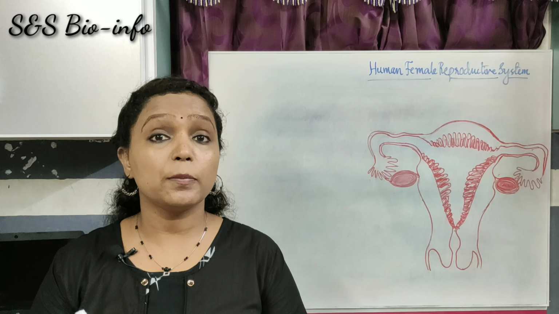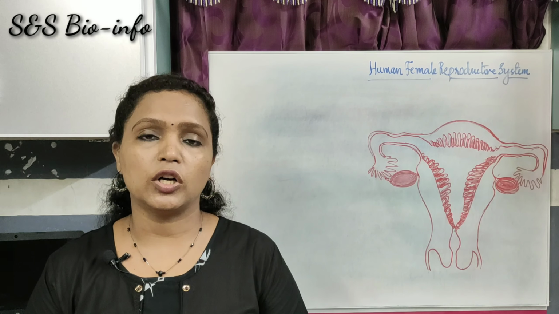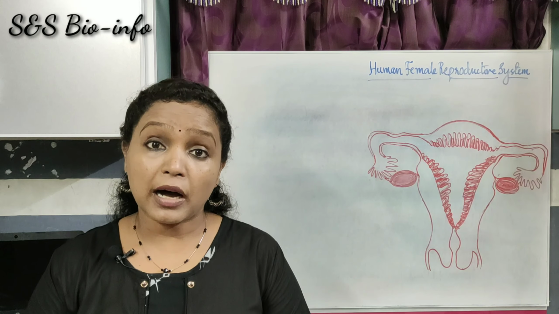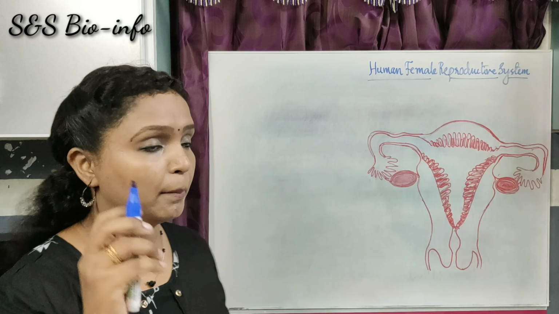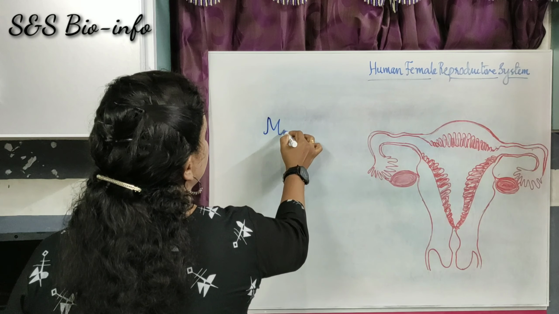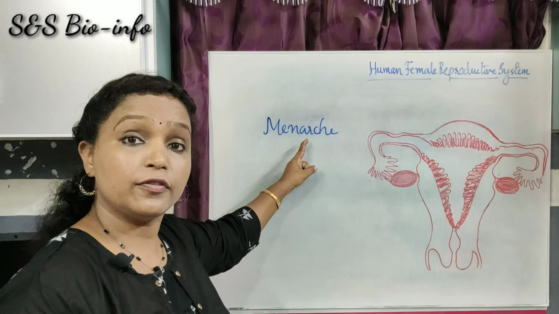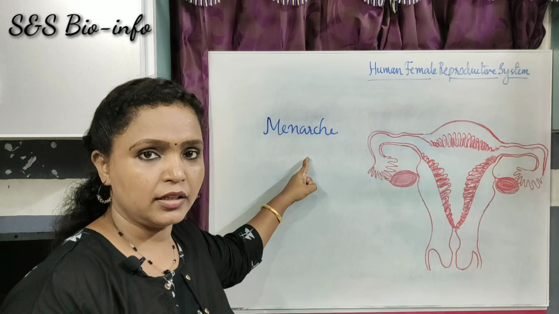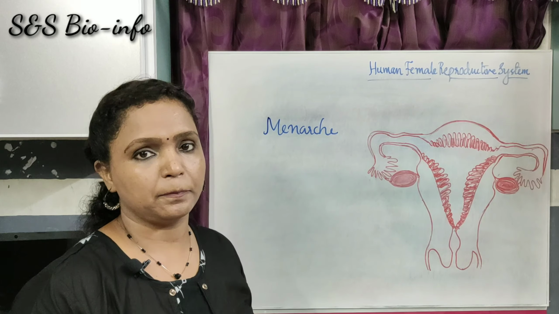The actual reproductive phase in the human female begins with the onset of puberty. It is marked by the first menstrual cycle, which is called menarche, and it continues till the age of 45 to 50.